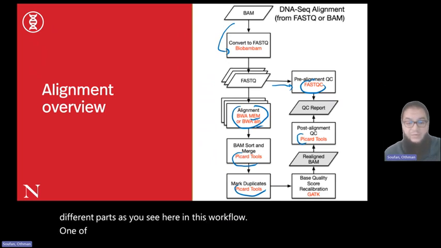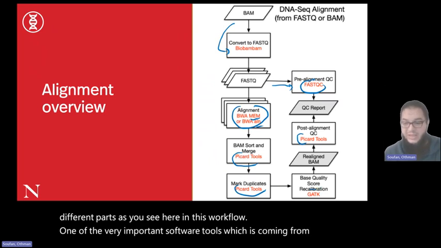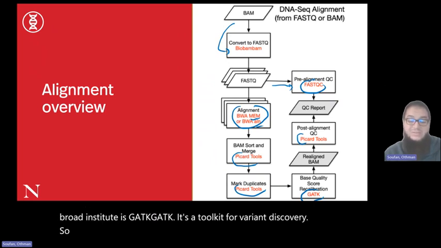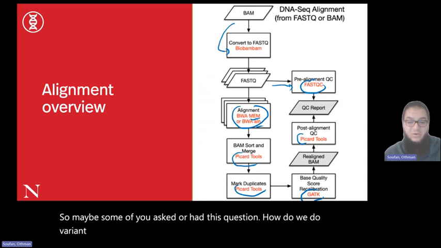One of the very important software tools, which comes from the Broad Institute, is GATK. It's a toolkit for variant discovery. So maybe some of you had this question: how do we do variant calling or discovery?